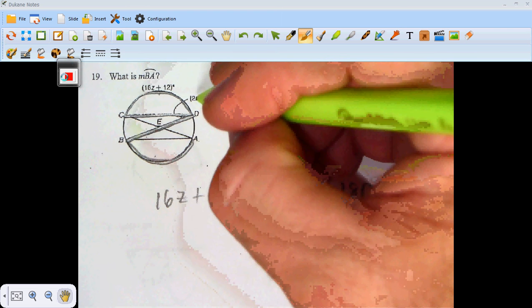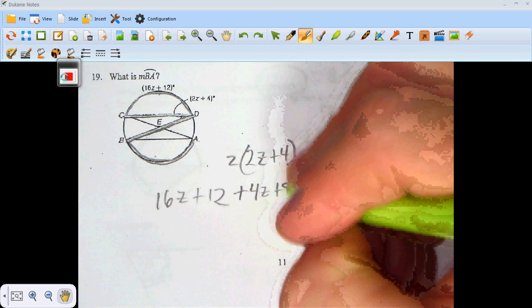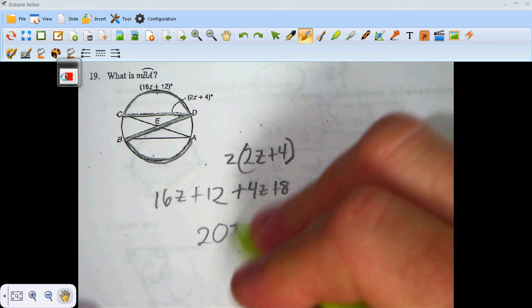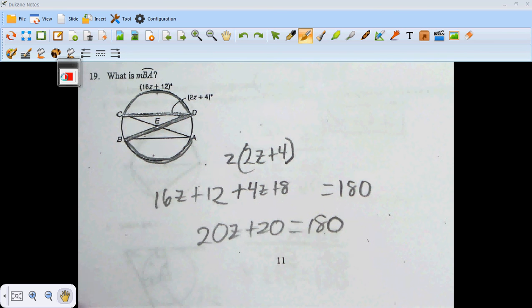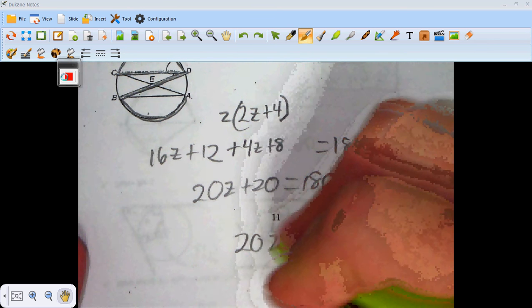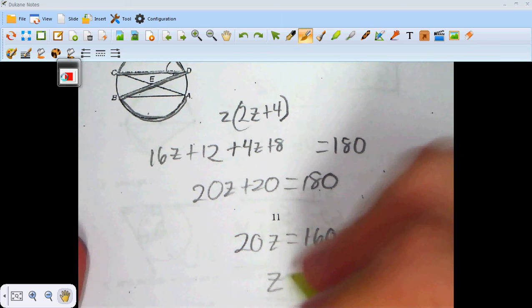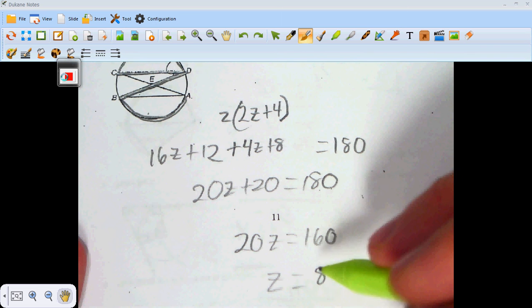So this is 4Z plus 8. If I combine my like terms, I get 20Z plus 20 equals 180. Subtract 20 from both sides, and I get 20Z is equal to 160. Z is equal to what, guys? 8. So now I found Z.